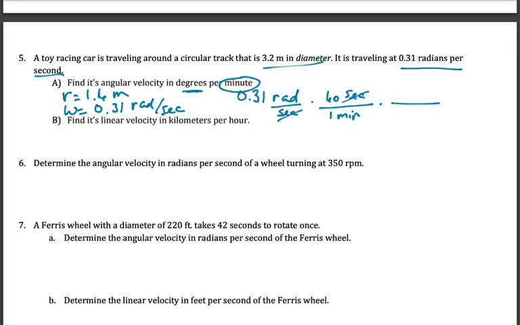If I need to get rid of radians and get degrees, I know that there are 180 degrees in pi radians. Multiplying that all out, you're going to get 1065.701 degrees per minute. So let me write that better, sorry.